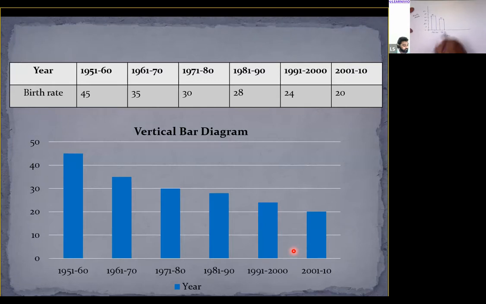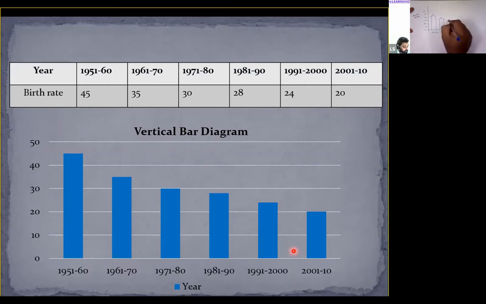In the year 1961 to 1970. Then for the year 1971 to 1980, the birth rate was 30%. So 30% will be somewhere here. 1971 to 1980.